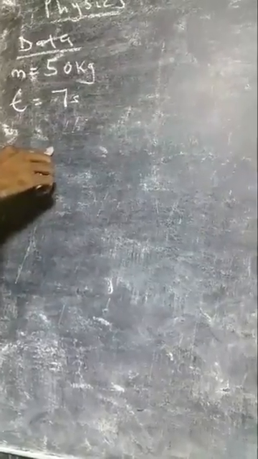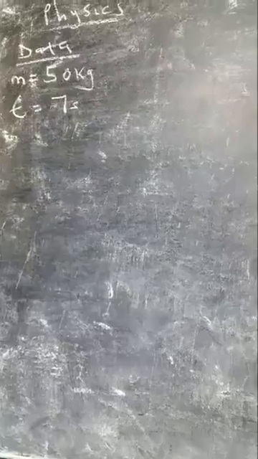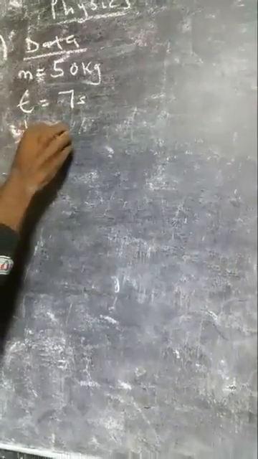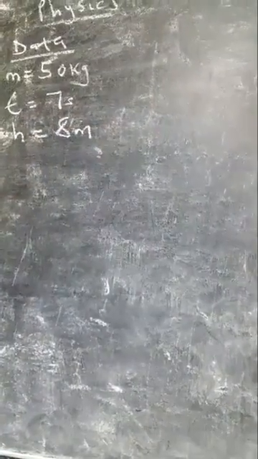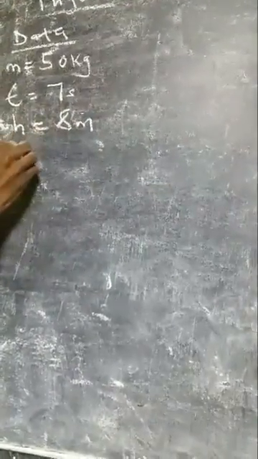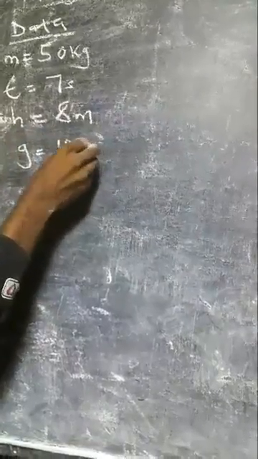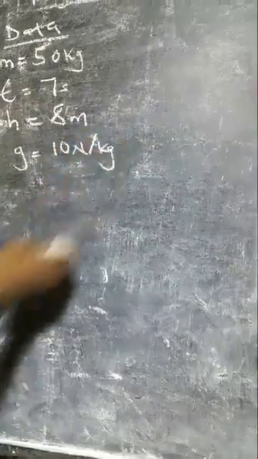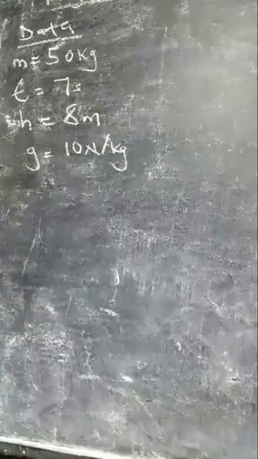Then the stairs are 8 meters high, so height is equal to 8 meters. Then what's our G? Our G is 10 newtons per kg.